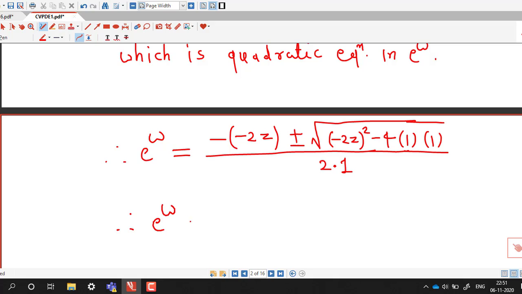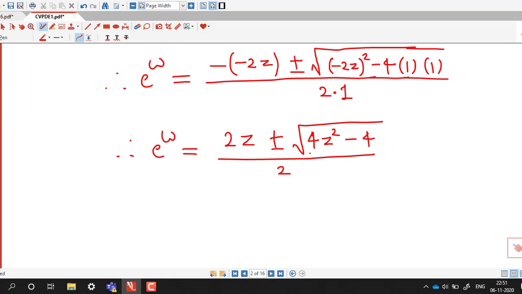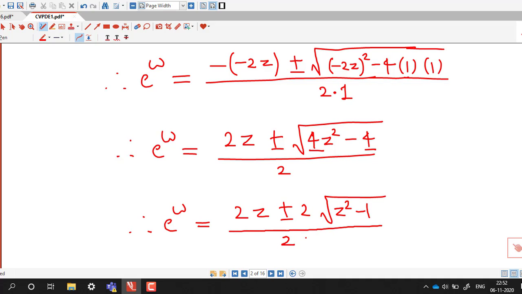We can rewrite this as 2Z plus or minus the square root of 4Z square minus 4, over 2. Now here 4 can be taken common and the square root of 4 is 2. So this we can rewrite as 2Z plus or minus 2 times square root of Z square minus 1, over 2.